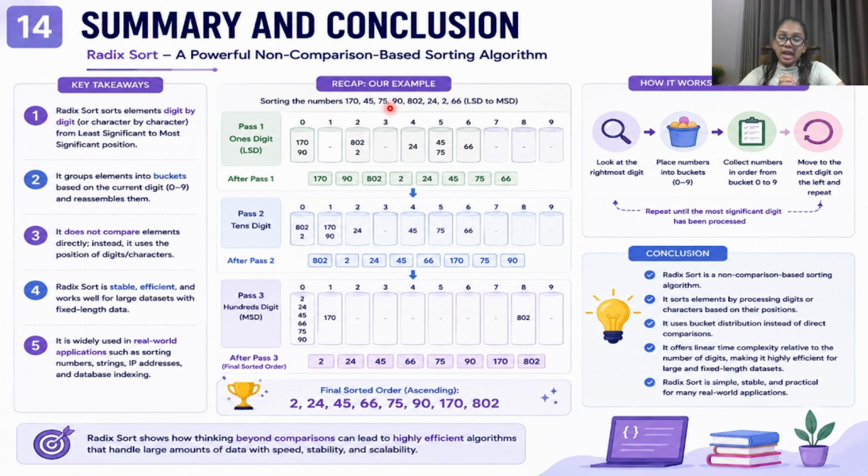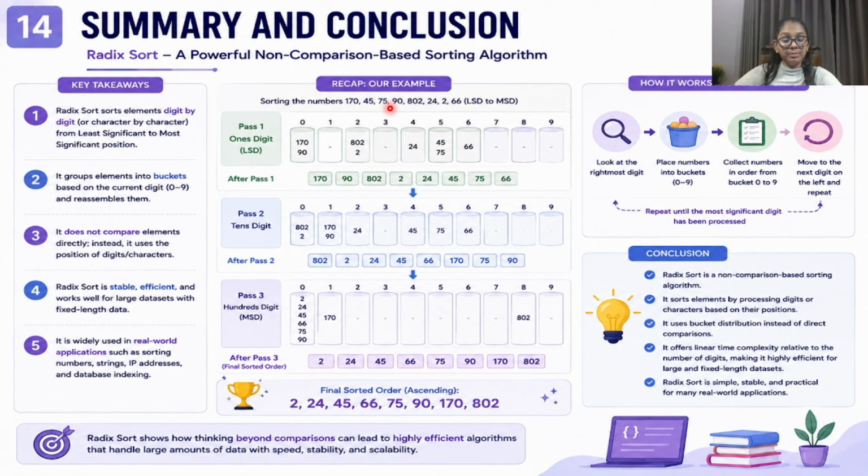Alright, so let's bring everything together. We started by looking at what sorting means, arranging data into a particular order. Then we introduced Radix Sort as a non-comparison based sorting algorithm. Instead of comparing complete elements directly, Radix Sort processes individual digits or characters according to their positions.